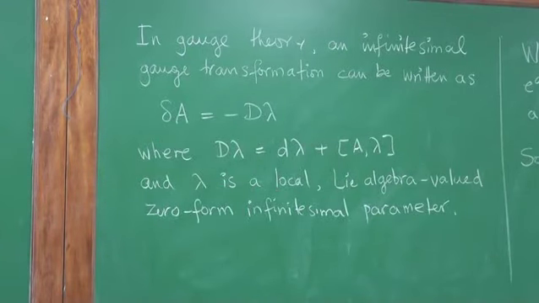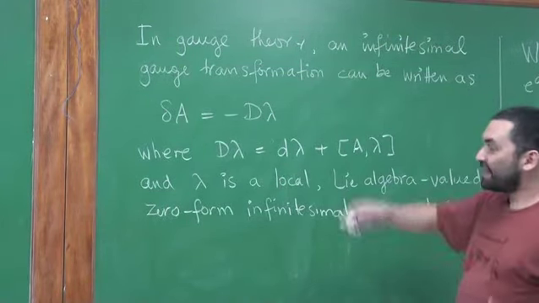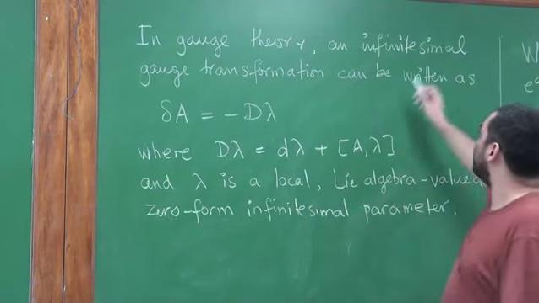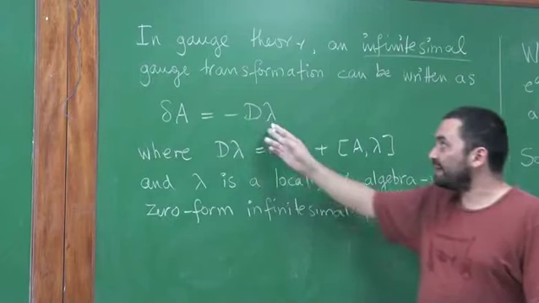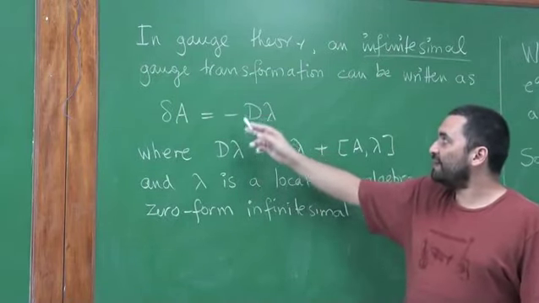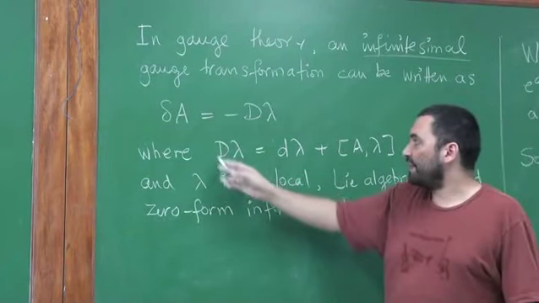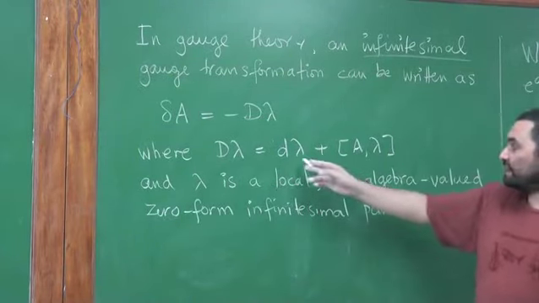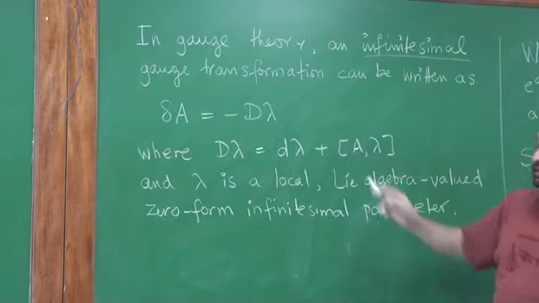This is hard to read, but it's very simple. So in gauge theory, an infinitesimal gauge transformation, you can always write like this, like some covariant derivative of a parameter. And this covariant derivative is defined in this way. Here you have the connection acting.